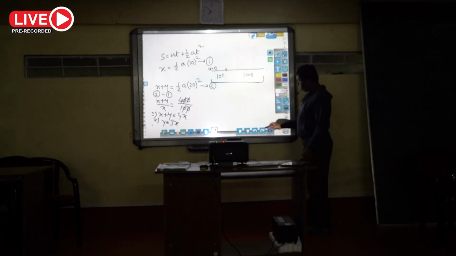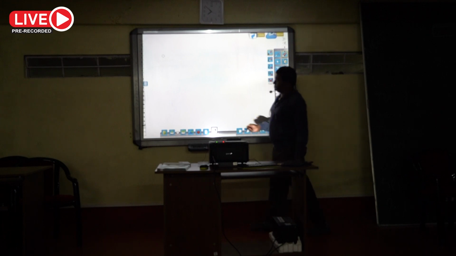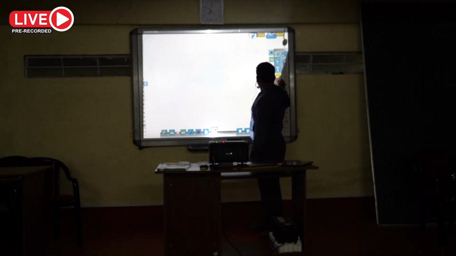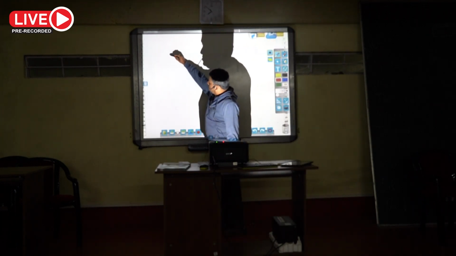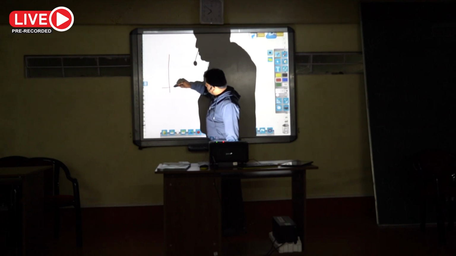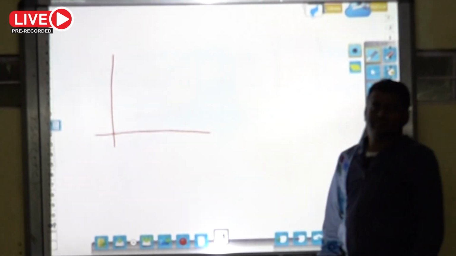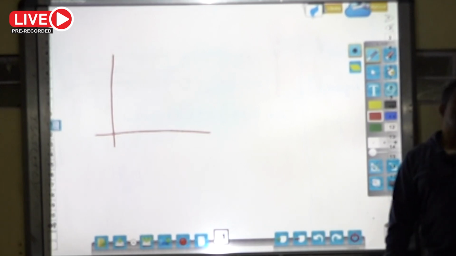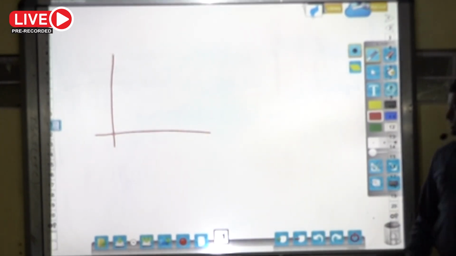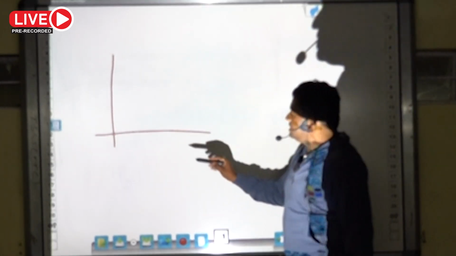See, first draw the velocity-time graph. First, the particle is moving with constant acceleration, so the graph will be like this.